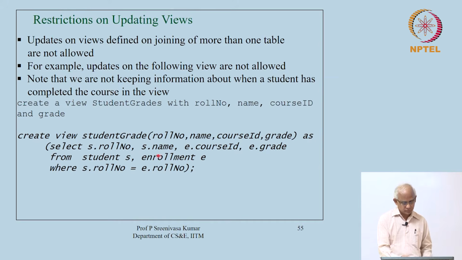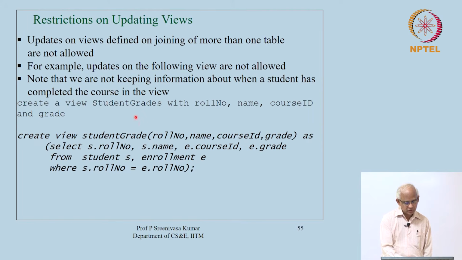So, we are dropping off all that information here to get the transcript of the student, kind of thing. So, roll number, name, course ID, grade is there. Of course, it is easy to get this, because all that we have to do is to join student and enrollment and then impose the condition that roll number should be equal to E dot roll number, and pick up name from the student. Okay.